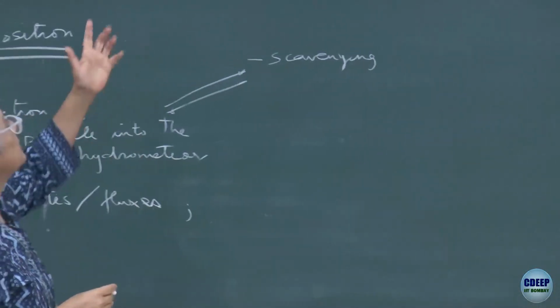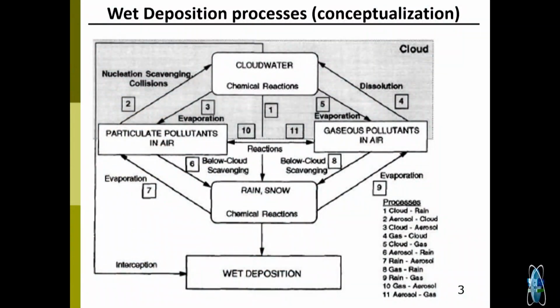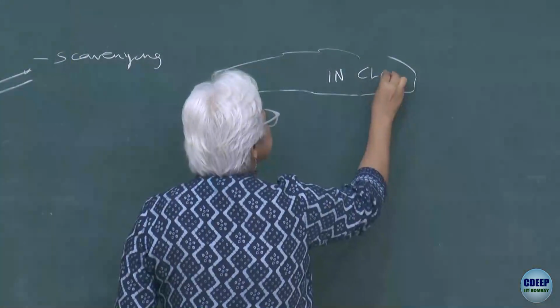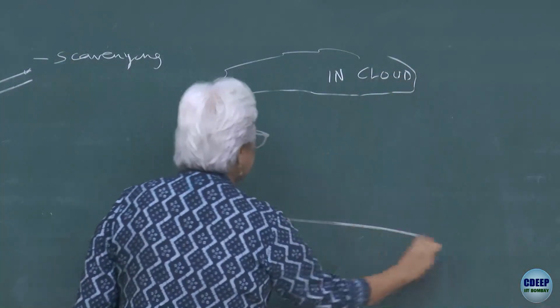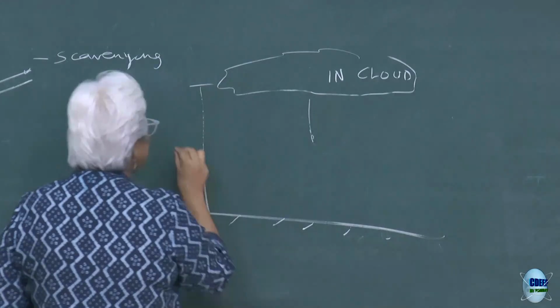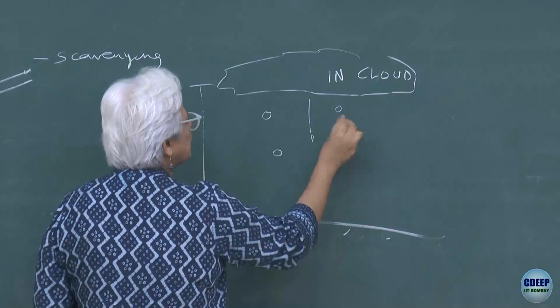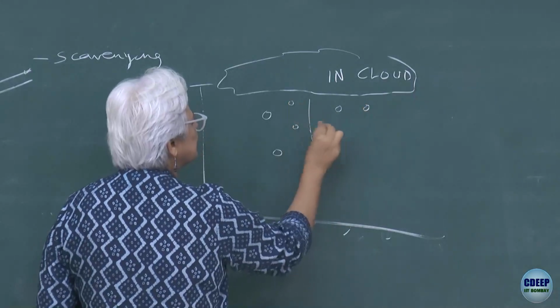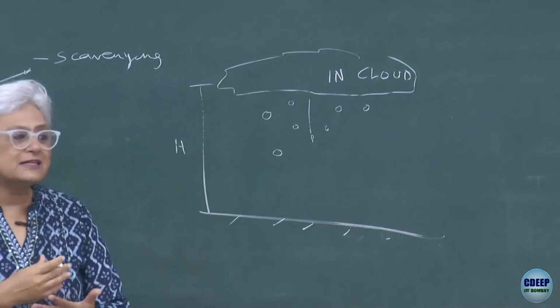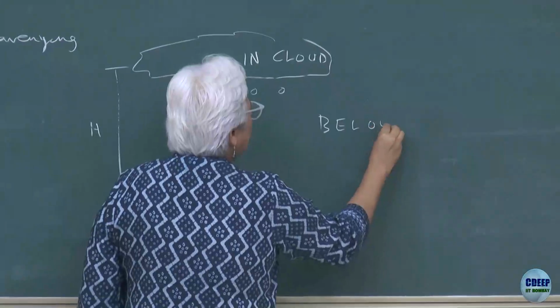And as is being pointed out with cloud water, you can have 2 sets of processes. You have a set of in cloud processes, and then you have a set of below cloud processes, right. So you have a certain height and the fall distance, and of course, I am making very large drops over here.